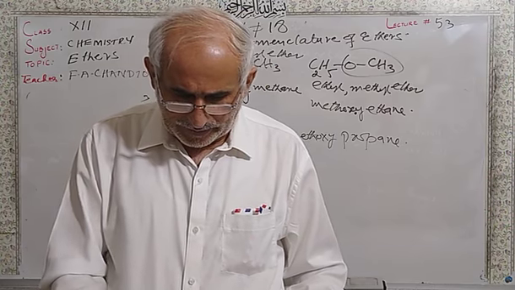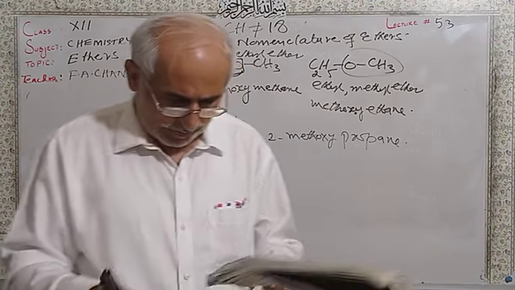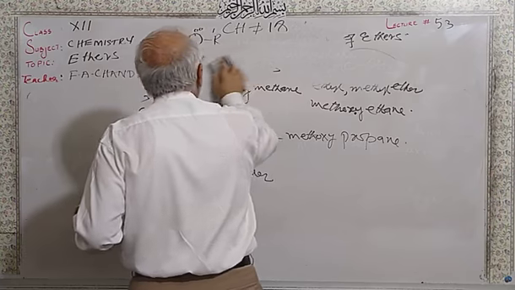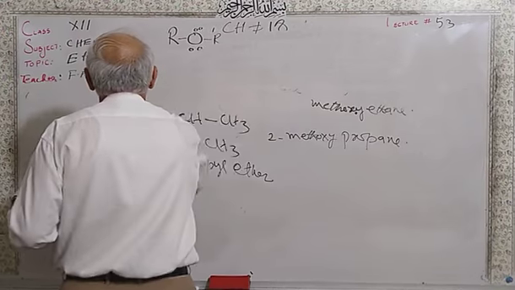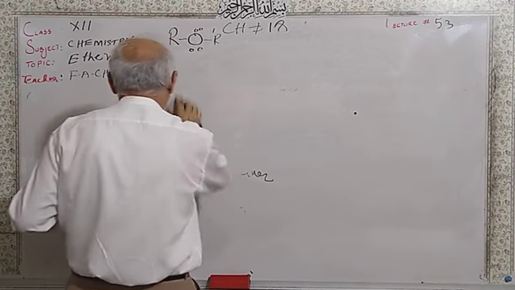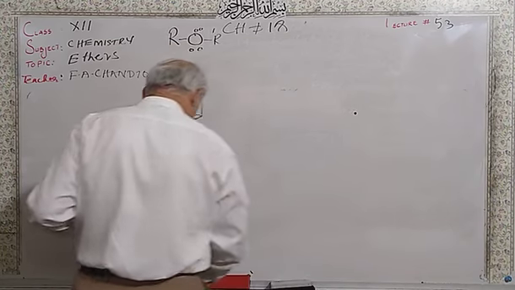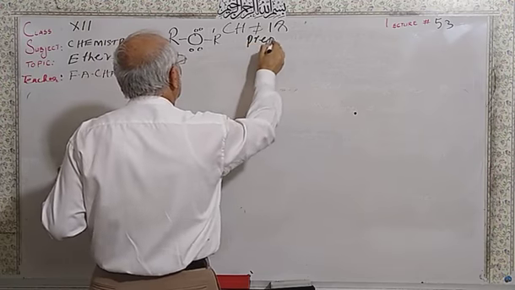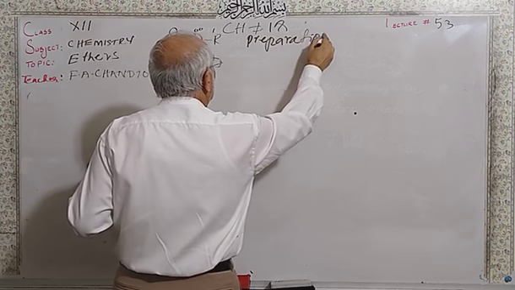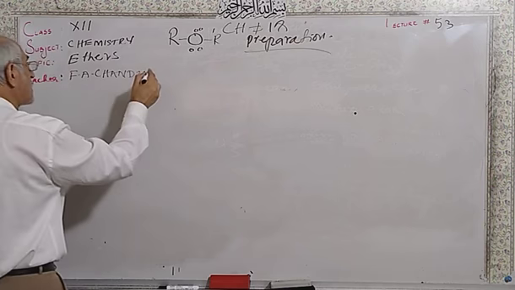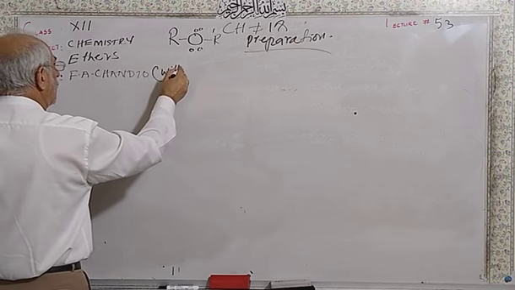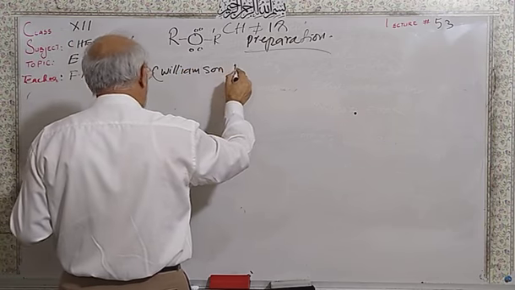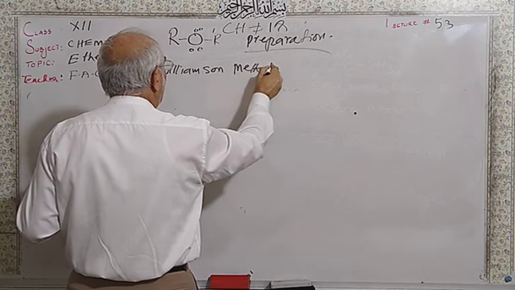Ethers can be prepared by two very important methods. One is called the Williamson method.